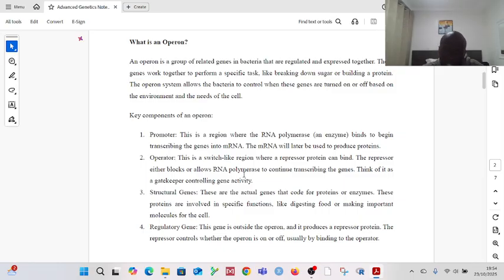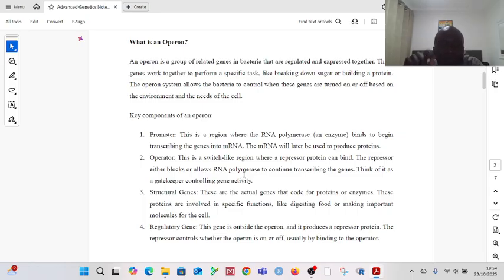We've talked about a promoter, we've talked about an operator. So it means the RNA polymerase needs to read some genes. The actual genes that can code for proteins are the structural genes. Those are the groups of genes that are being controlled by a single promoter. And then at times, we have a regulatory gene.